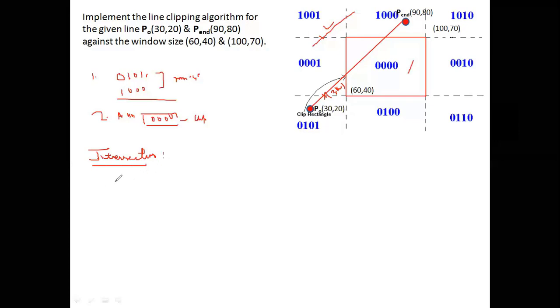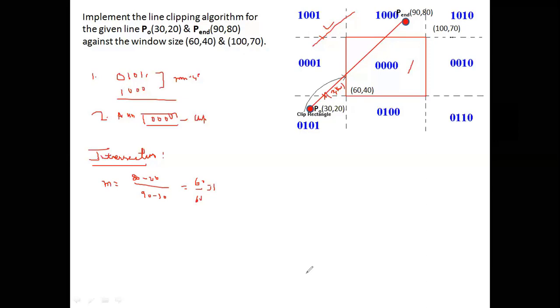You have to calculate the slope. The slope will be y2 minus y1 upon x2 minus x1, which is the complete line slope. That gives 80 minus 20 upon 90 minus 30, which leads to 60 upon 60, equal to 1.